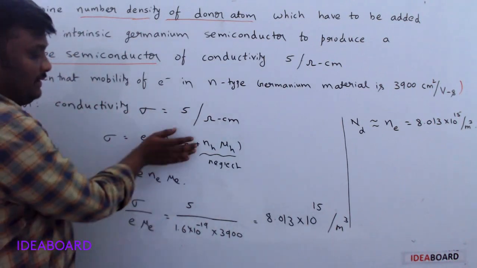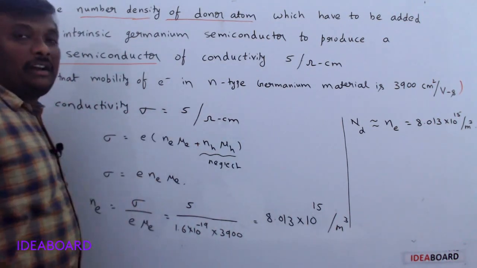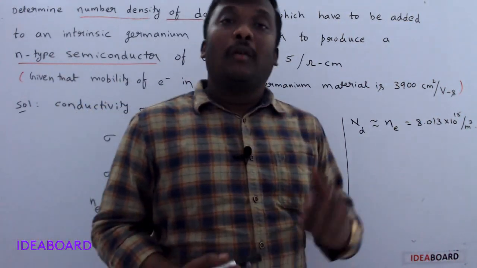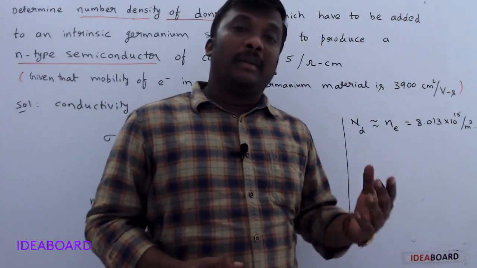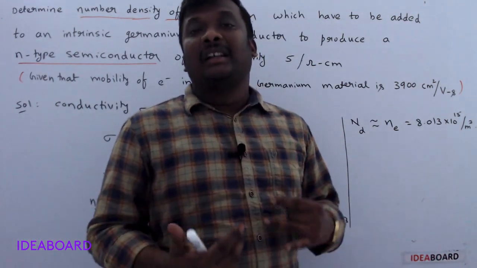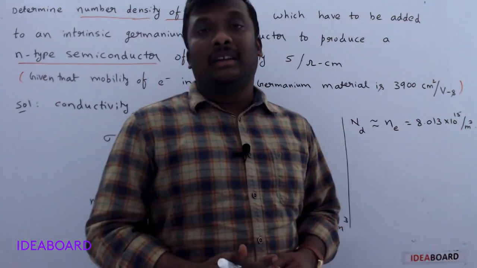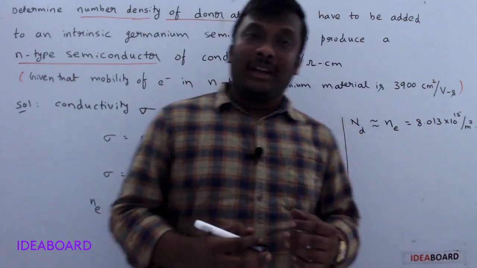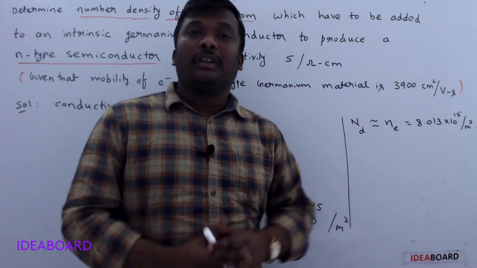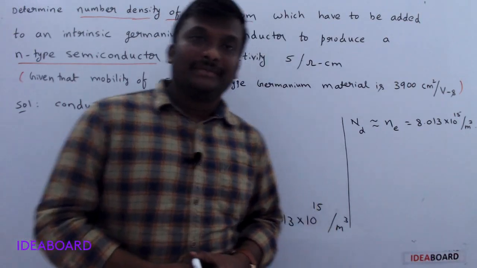In a p-type semiconductor, neglect the electron portion. And sigma has the formula 1 by rho, and 1 by R into A by L. So if they give the resistance, area and length of the conductor or semiconductor, then we always use the known formulas to solve the numericals. Okay, thank you.